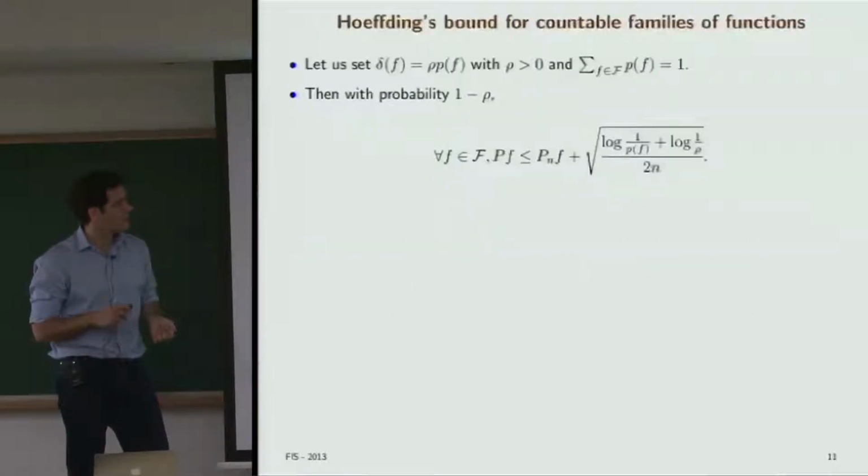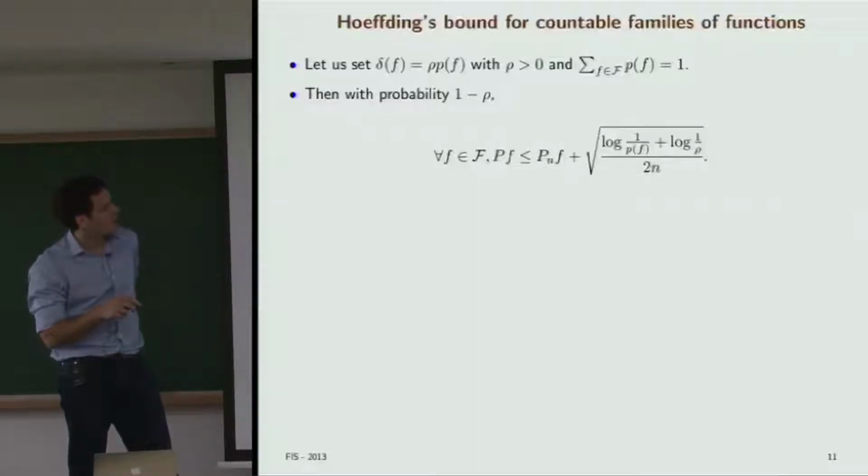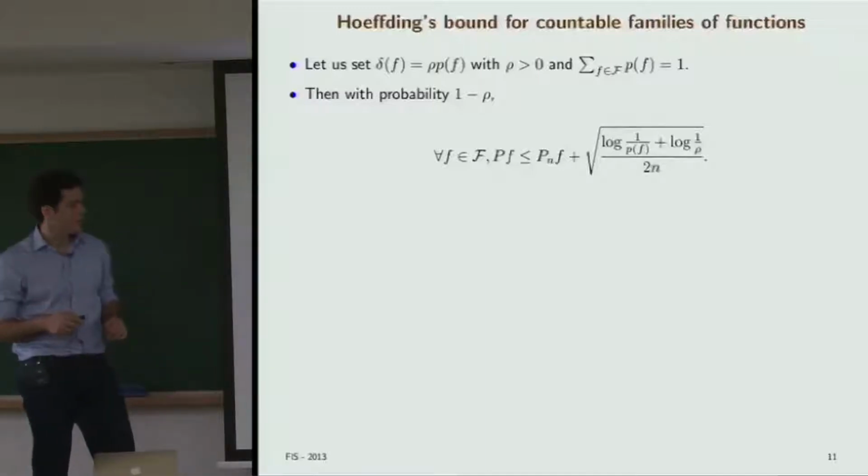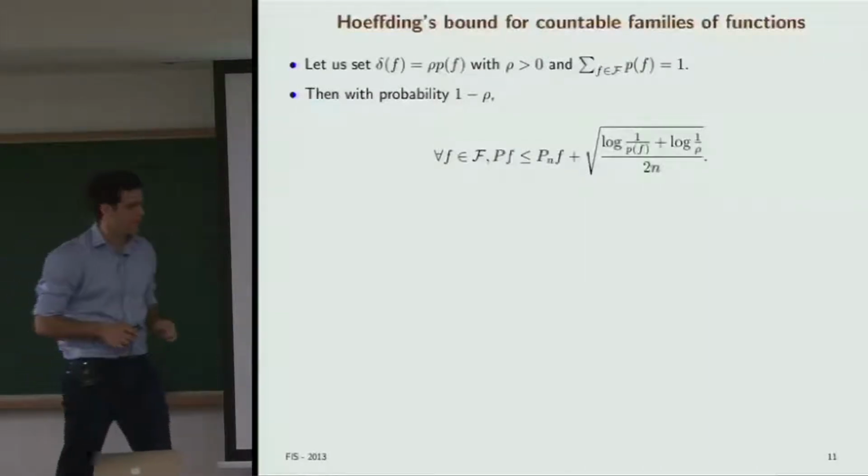Now, suppose you set delta of f equal to a multiple of a probability function of f, so the probability weights, then you can say that with probability 1 minus rho, for all f, P of f is smaller than Pn of f plus this quantity here.